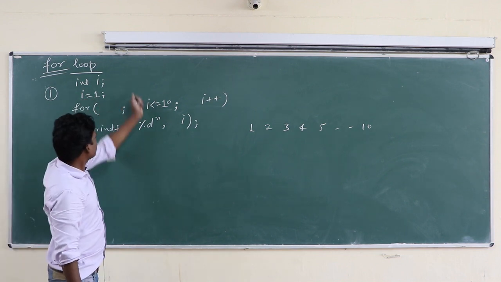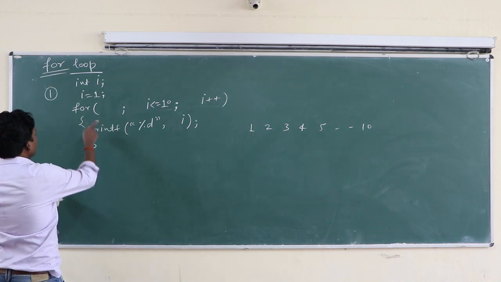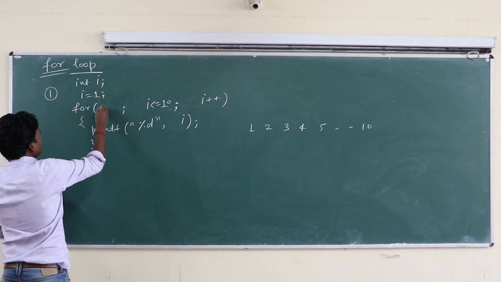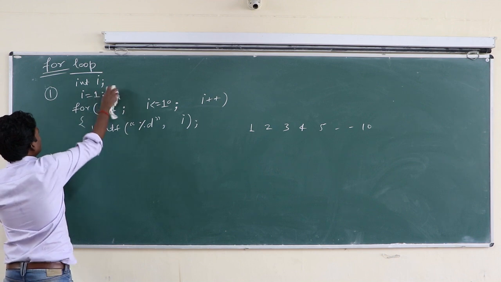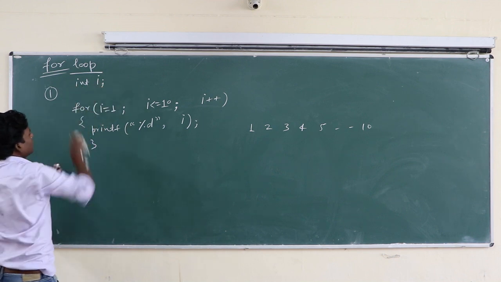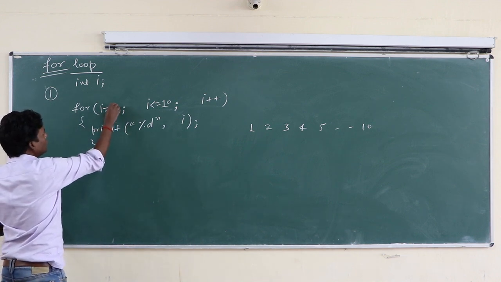Also, class, now we are going to rewrite. Here is I equal to 1 and we remove it from here. This is natural, I equal to 1.